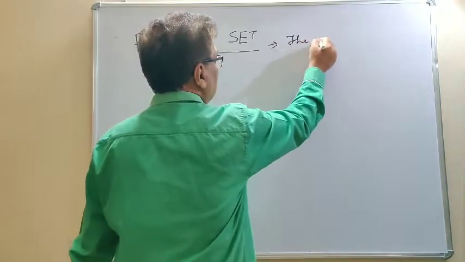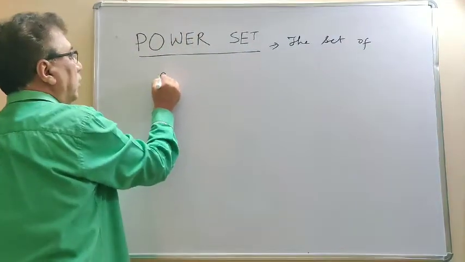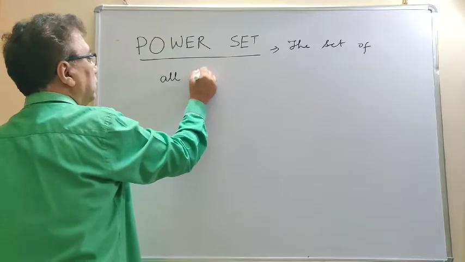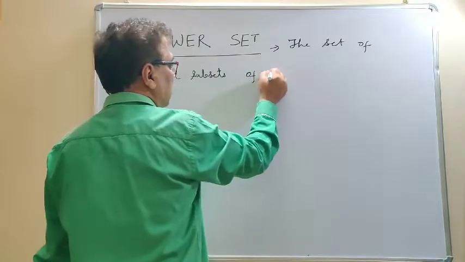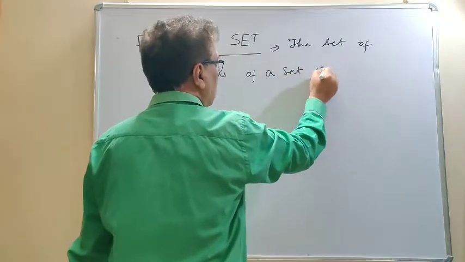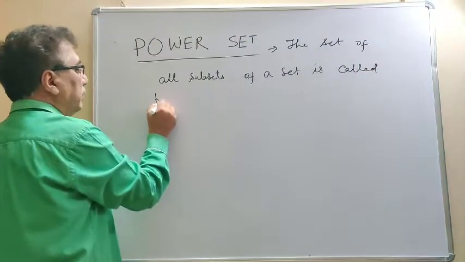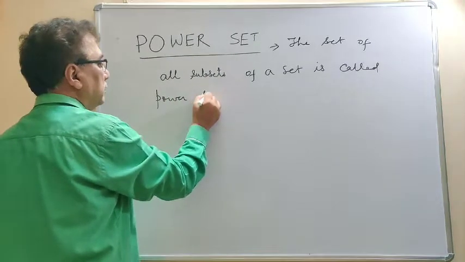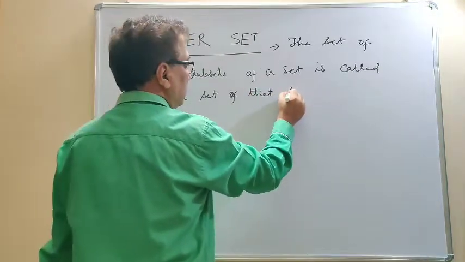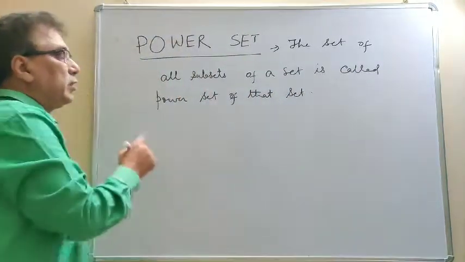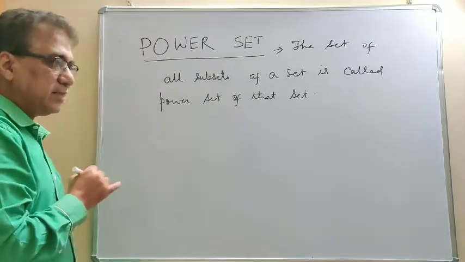The set of all subsets of a set is called power set of that set. Okay, I am reading it out. The set of all subsets of a set is called power set of that set.